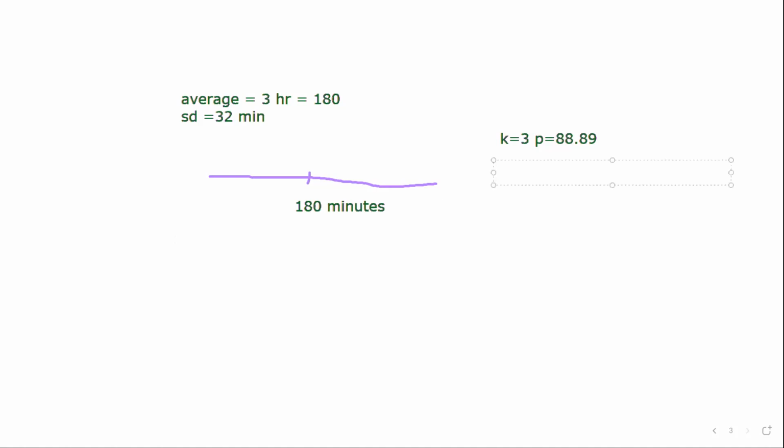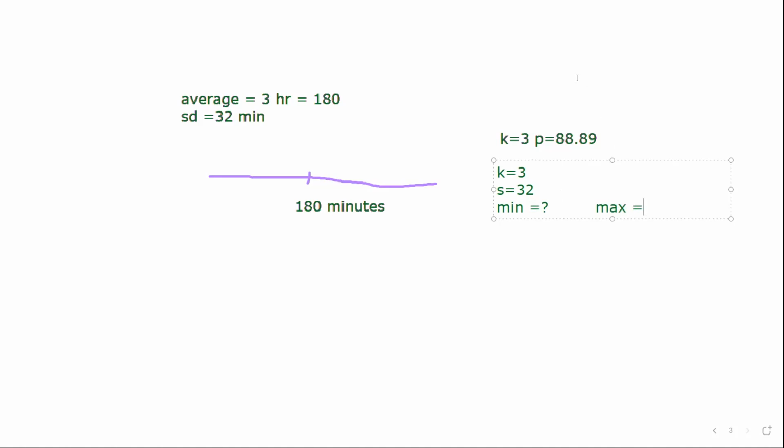Here's what we're going to do. We know that K is 3. We know that S is 32. We don't know what our minimum is, and we don't know what our maximum is. So this is a little more direct than the last problem we did, because you already did the hard part. We want the min and we want the max.